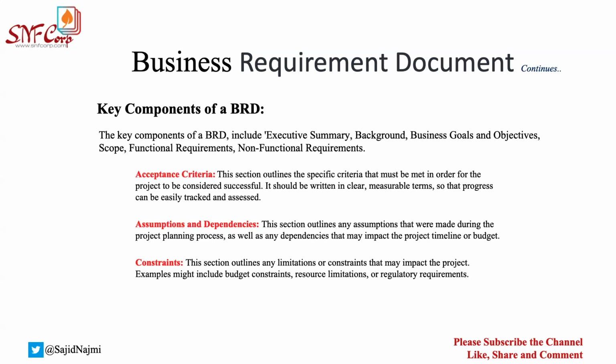Let's say business is asking a lot of things, but your management is not giving you that budget. And as a project manager, someone has come up with a budget and that is not in sync with the budget we have been assigned. So that is also a constraint. You would want to write in detail. Probably your project manager will help writing all those constraints. This document is being reviewed by everyone.